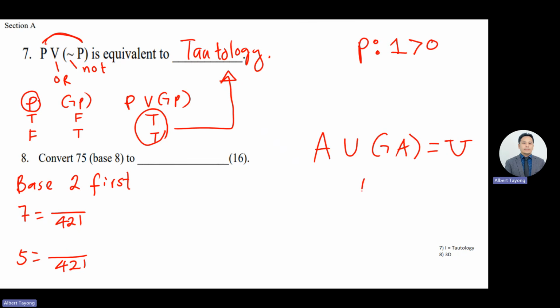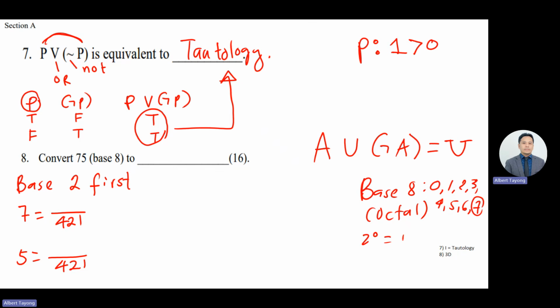In base 8 we have 0, 1, 2, 3, 4, 5, 6, 7. This is octal number system. The highest is 7, so we have 4 plus 2 plus 1 equals 7.